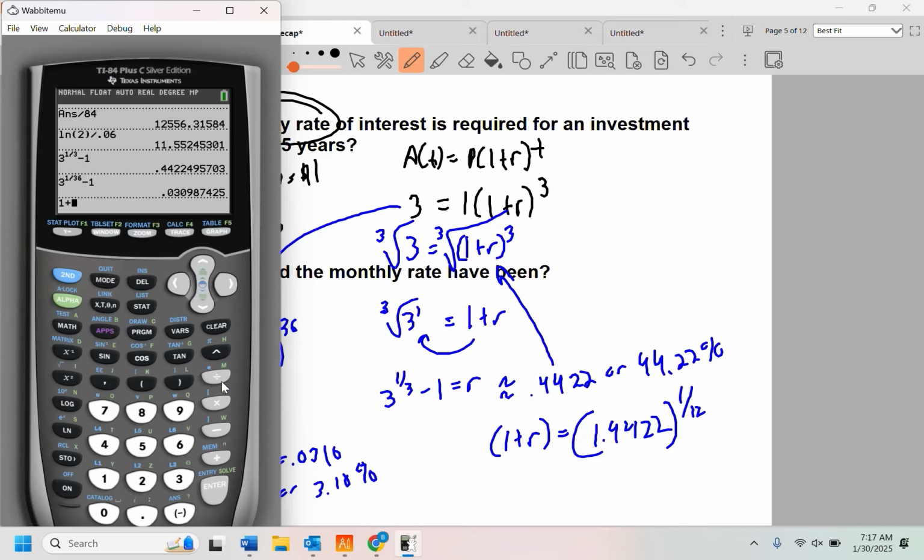So we're going to do 1 plus that, and then we're going to take that and raise it to the 1/12th power. And we should get the same exact number. Hopefully you see how they line up. There's your 3.10%.